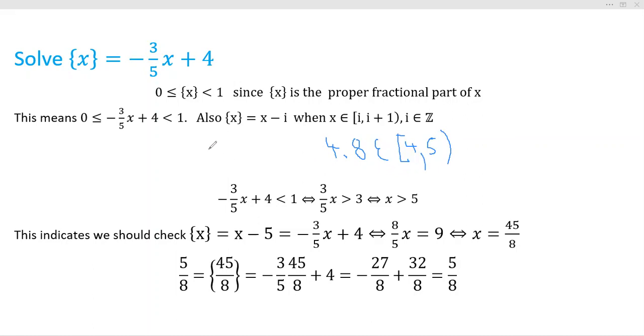So what that says is that the fractional piece of 4.8, my deepest apology, that's supposed to be these same curly braces, is equal to 4.8.